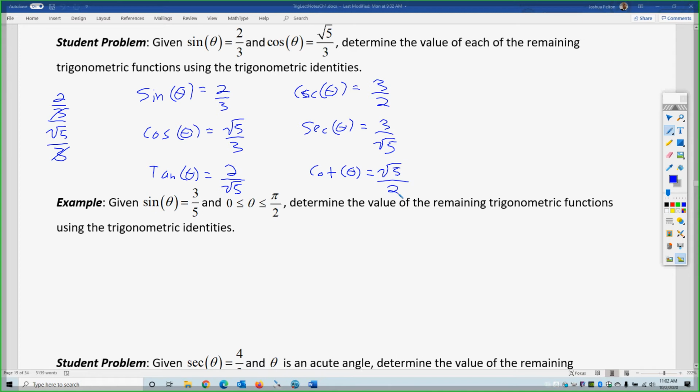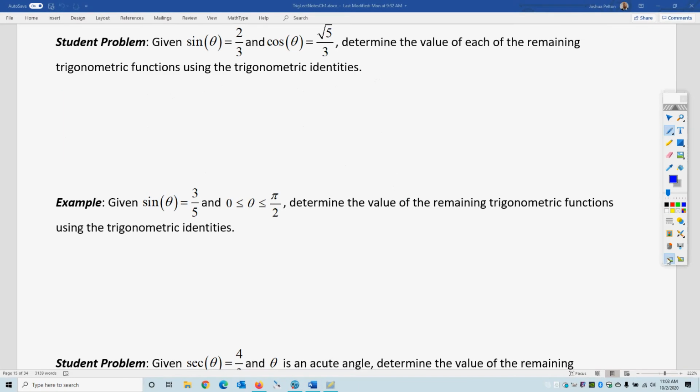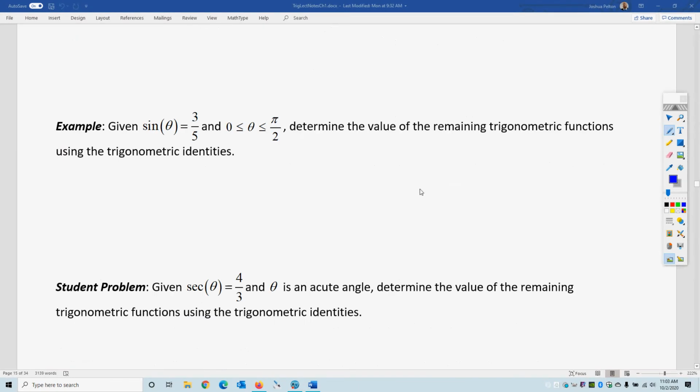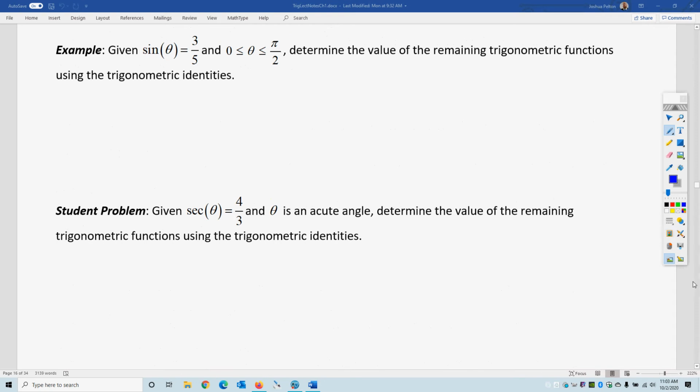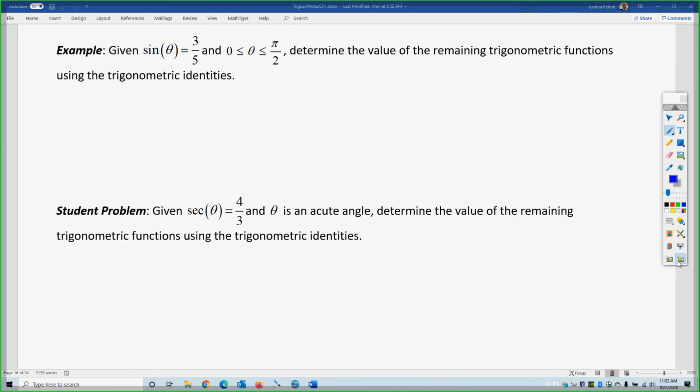Alright, so the next one, we are only given one trig function, which is sine, 3/5, and I'm specifying it's an acute angle. So I don't need to worry about positives versus negatives. Since it's in the first quadrant, I only have to worry about it being positive. So let's write down our trig functions again.